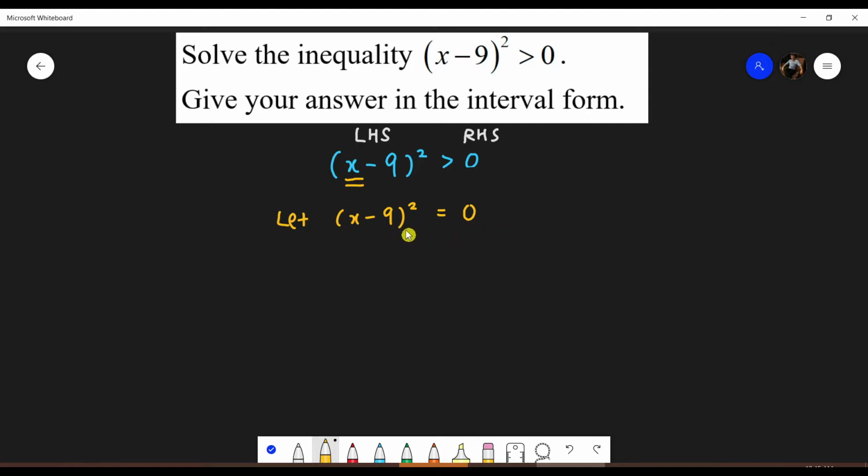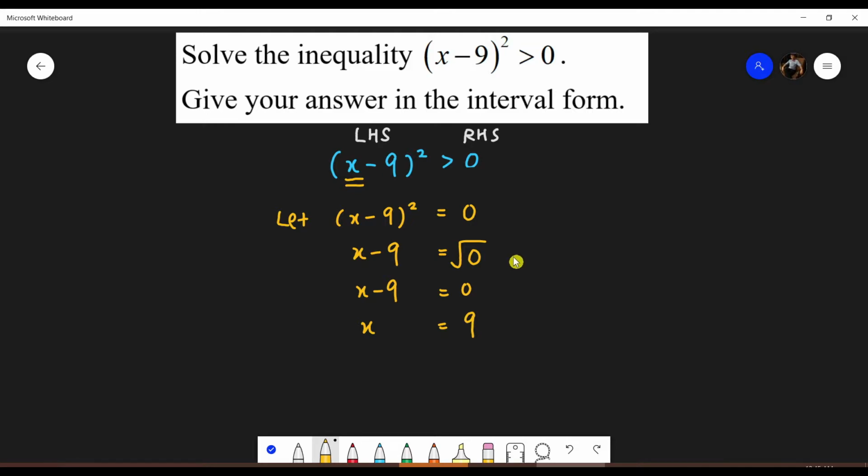This is actually a quadratic equation and we want to find the value of x that satisfies it. Very simple, right? We just move the square to the right hand side and take the square root of 0. On the left hand side we have x - 9 = 0, and we have x = 9.